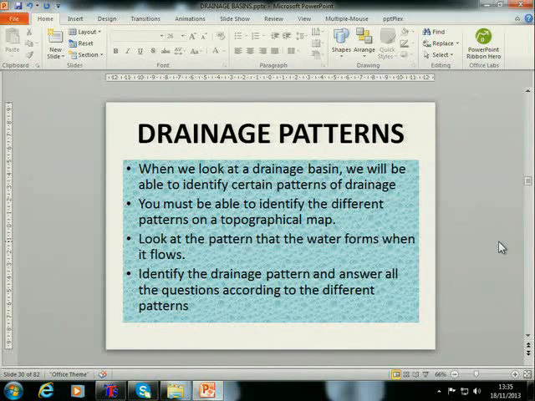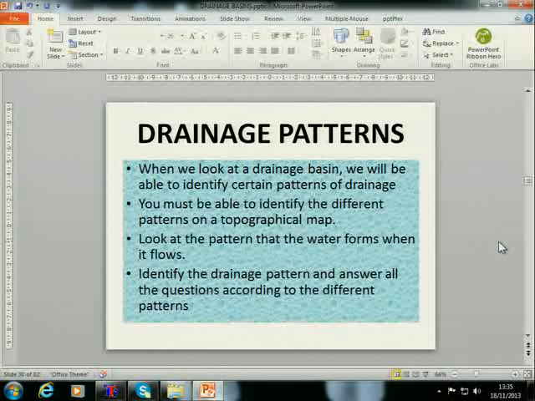The next topic is something that you will certainly and most definitely get in your practical, and that is drainage patterns. Now that you know what a drainage basin and a river system and all those other things are, we can start looking at drainage patterns.